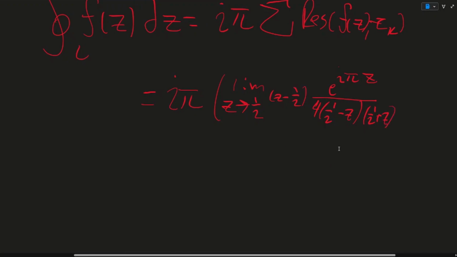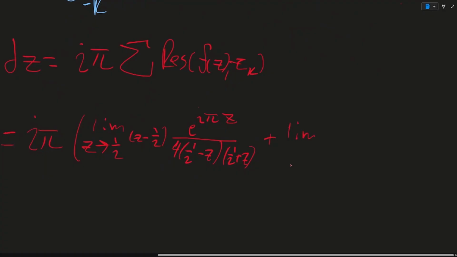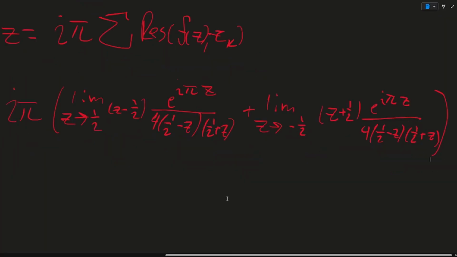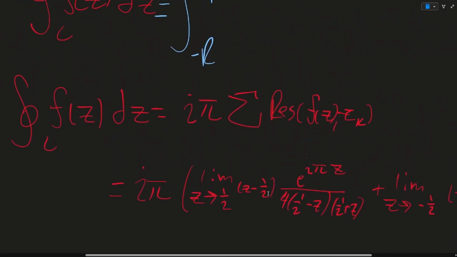And remember, we have two half poles, so we're going to be computing another residue: the limit as z approaches negative 1/2 of z plus 1/2 times e to the i pi z over 4 times 1/2 minus z times 1/2 plus z. All right, now just computing these out, we see that if we factor out a -1 from this expression, we get negative 1/2 and plus z, which is the same as saying z minus 1/2.